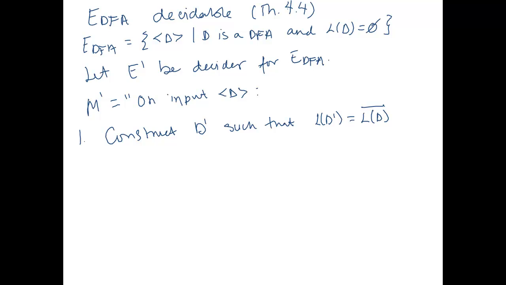Okay, so we have the language of the complement now, and as our second step we're going to run, that's supposed to be an E, not a sigma, run E prime on D prime and accept if it does.